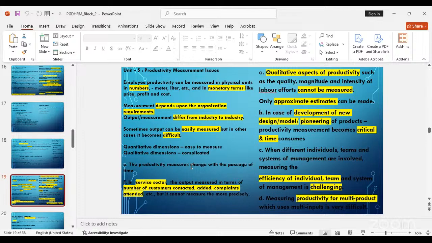And when it comes to the service sector, measuring productivity is a big challenge. We can take a few measures like number of customers contacted, number of new customers added, and complaints addressed. These are some of the factors that can be taken into consideration while measuring productivity in the service sector. And as time passes, these measures will change.